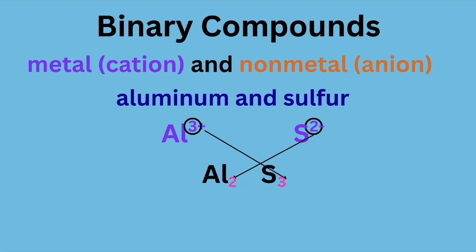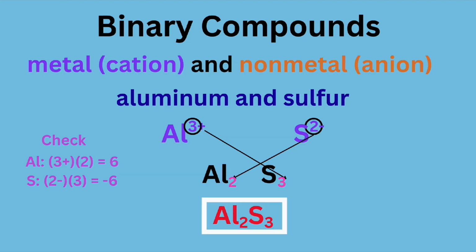So you now have Al2S3. Check it. You have a +6 and a -6. That means your formula for aluminum and sulfur as an ionic compound is Al2S3.